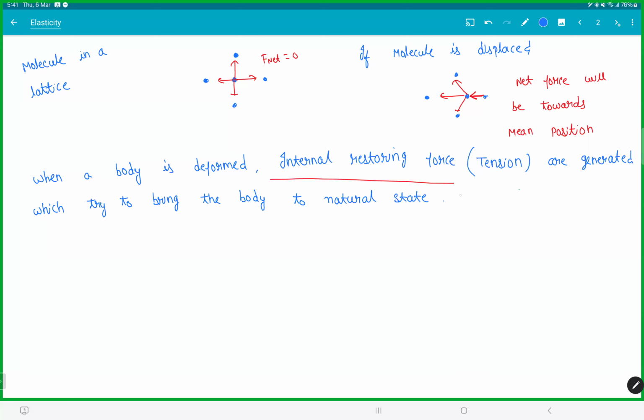This property is called elasticity. So this property of resisting deformation is called elasticity. So most people have this misconception actually.